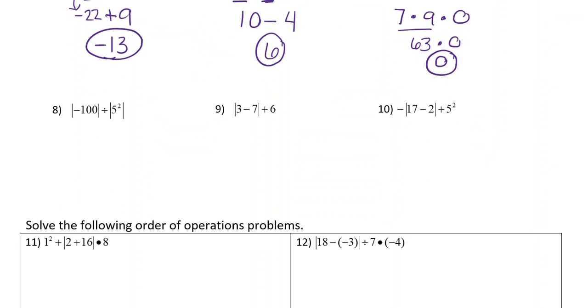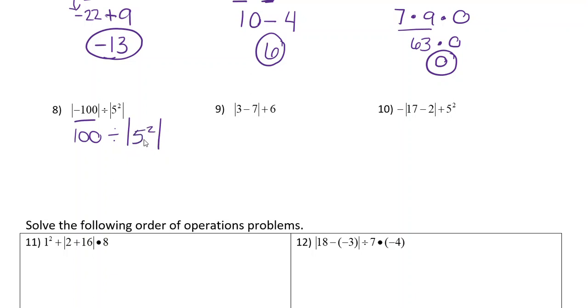Let's look at these other simple ones. So I first have the absolute value of -10, or 100, which will be +100, divided by, and I'm going to leave this just because I want to have a discussion about it. So if you look, I have an exponent inside that absolute value symbol.